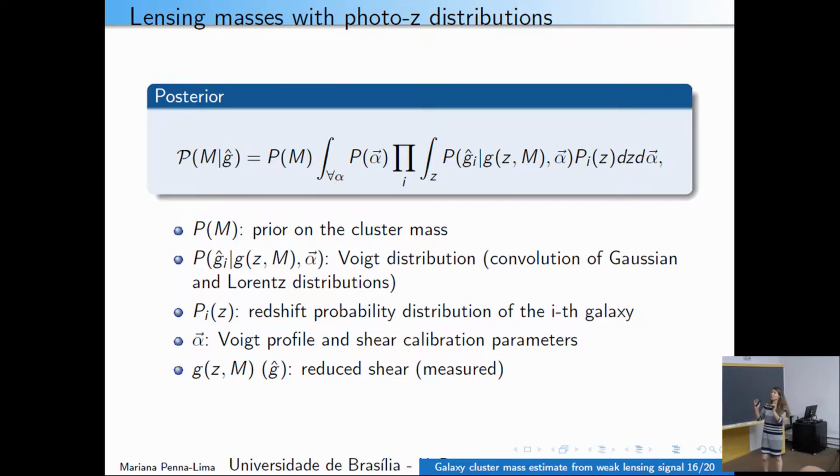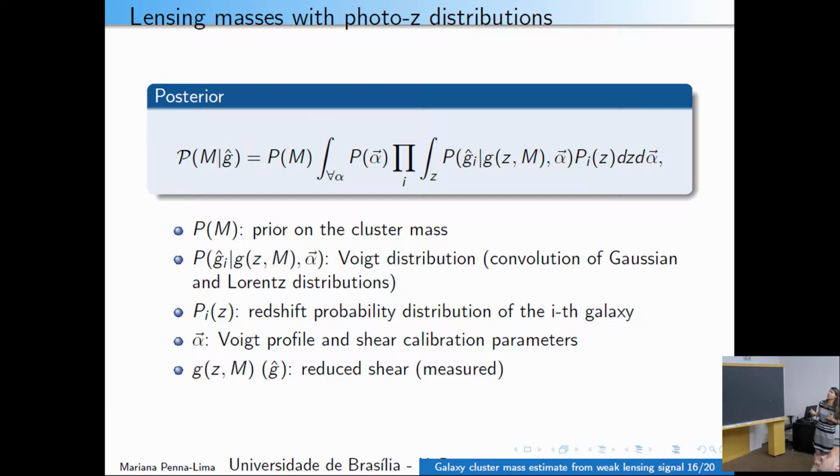Specifically for Subaru and Weighing the Giants, the void distribution was the best fit. This distribution is a convolution of a Gaussian and a Lorentz distribution, so we have the standard deviation of the Gaussian and also a gamma parameter for the Lorentz distribution that we are going to fit together in our analysis. But again, we have to check, given the LSST simulations, what is the best distribution which will fit the reduced shear that we expect in LSST.